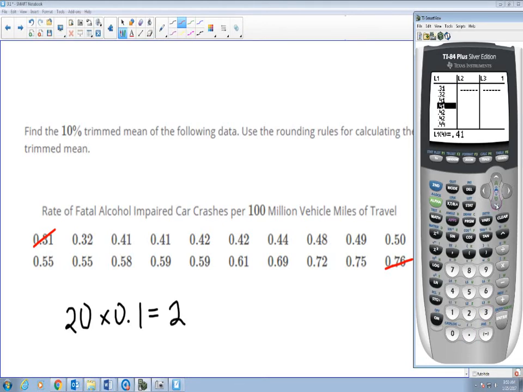I'm going to take off the last 2 instead in this case, because sometimes the insert I have can be wrong in my notes. So I'm just going to double check it. Just bear with me for a minute. Yeah, I think my insert is wrong in my notes. So that very first number I came out with was correct. Okay, we trim off the smallest one and we trim off the biggest one.